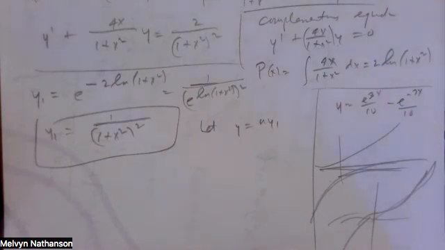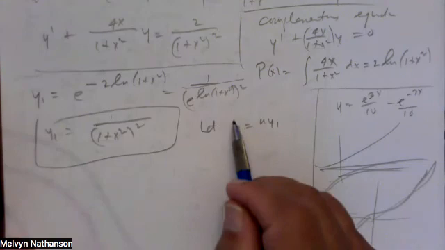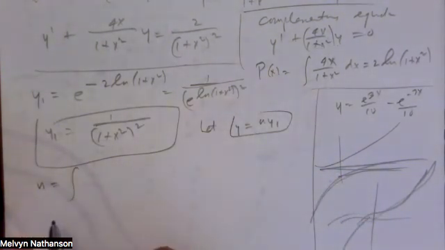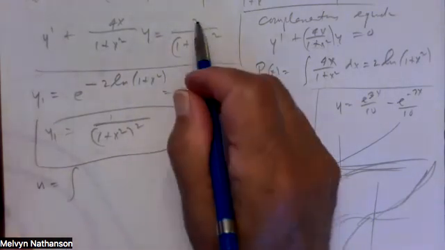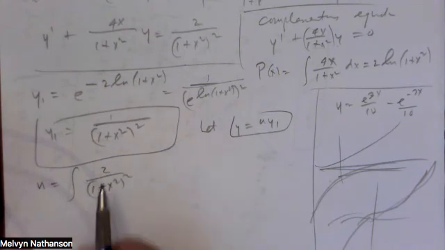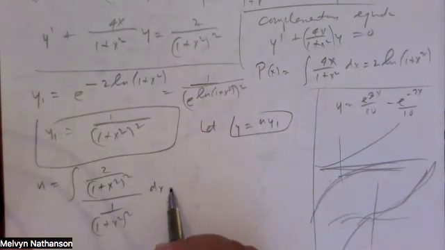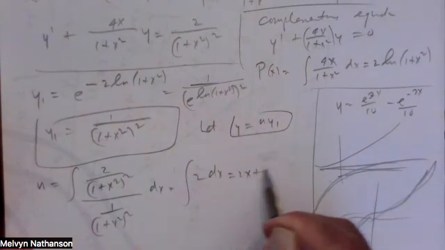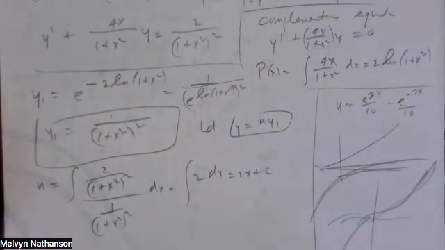So if we let y equal u y1, u is the integral of f of x, which is 2 over 1 plus x squared squared, divided by y1, which is 1 over 1 plus x squared squared. That's just the integral of 2 dx, which is 2x plus a constant.